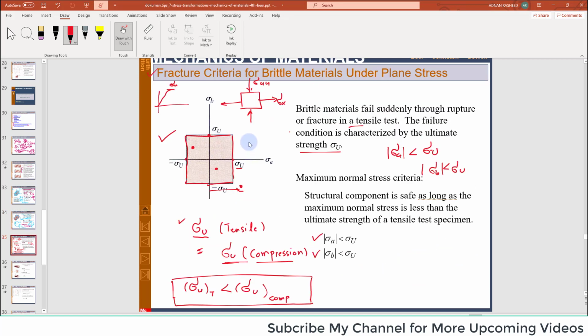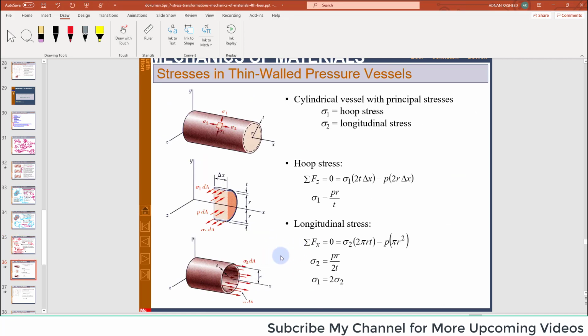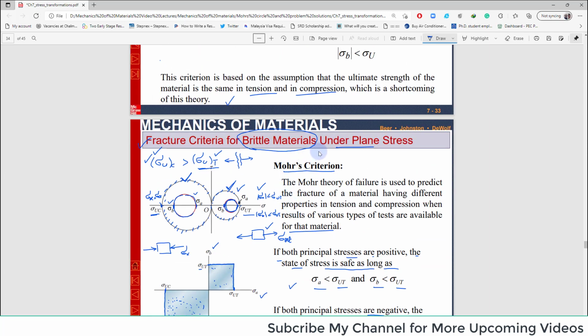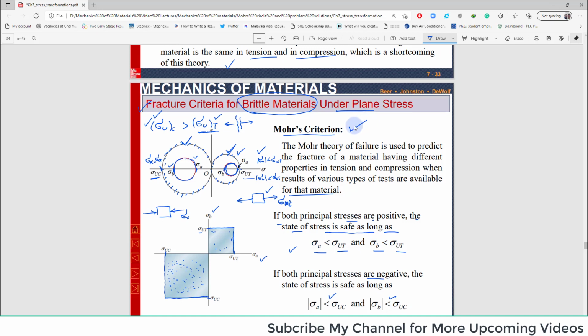Then we discussed the fracture criteria for brittle material, in which we first discussed the maximum normal stress criteria, which is this one: sigma A is less than sigma U and sigma B is less than sigma U. But it has a certain limitation that it cannot be applied to an object under compression, because they have different strength under tension and compression. So in order to accommodate this, we discussed another failure criteria for brittle material, based on Mohr criteria.